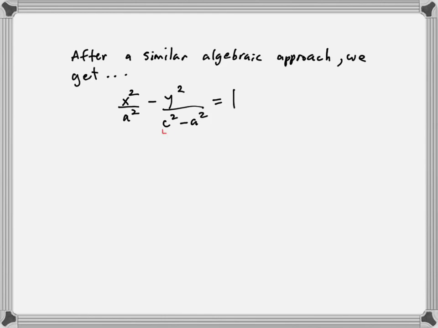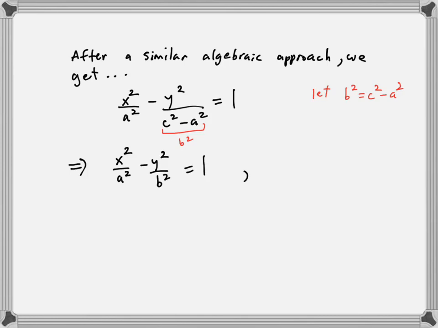We're going to call it b squared. In other words, let b squared equal c squared minus a squared. So this leads us to x squared over a squared minus y squared over b squared is equal to 1.